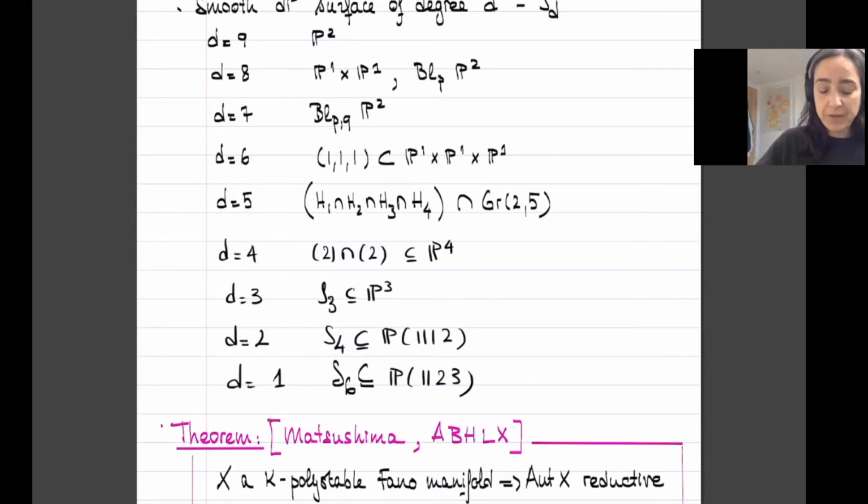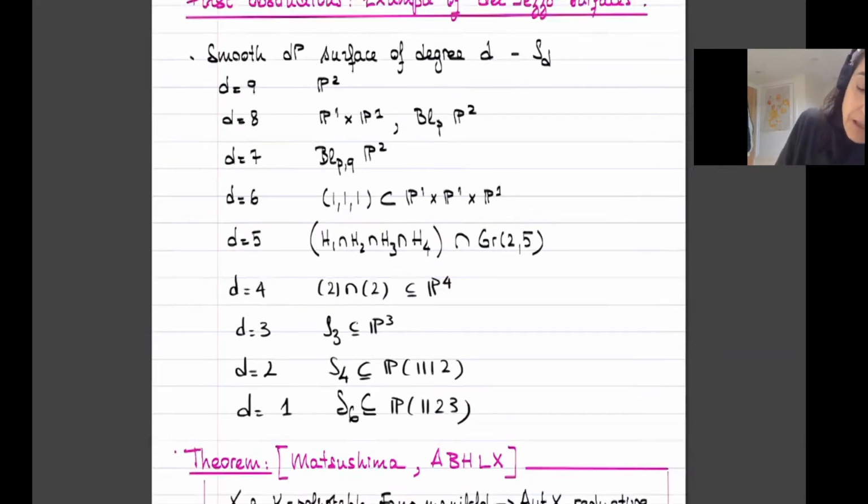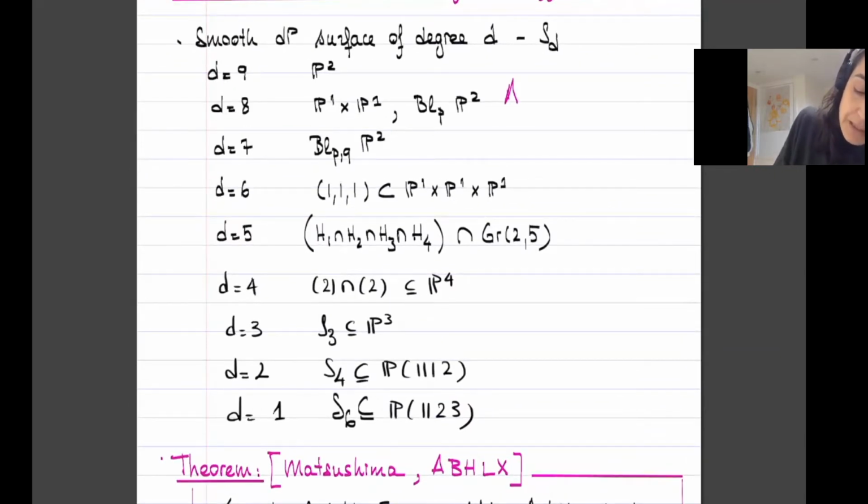So going back to the cases of del Pezzo surfaces, there are exactly two of these which have non-reductive automorphism groups. Because of the very explicit description, the automorphism group is in many cases fairly easy to get explicitly.